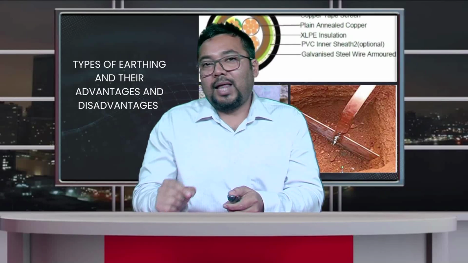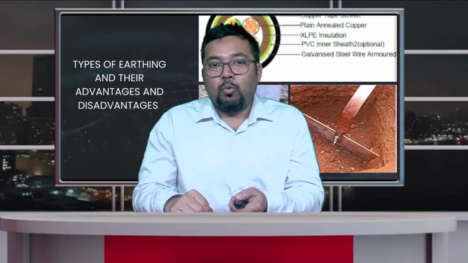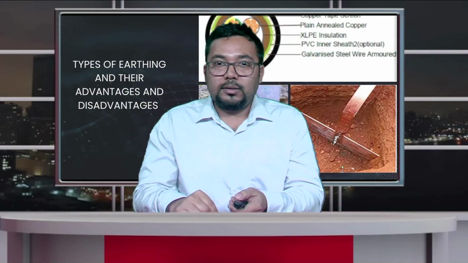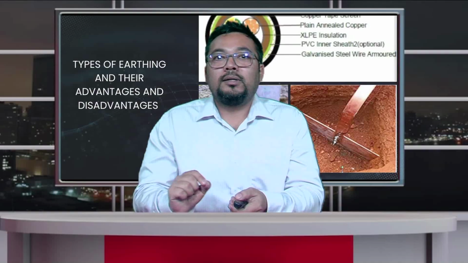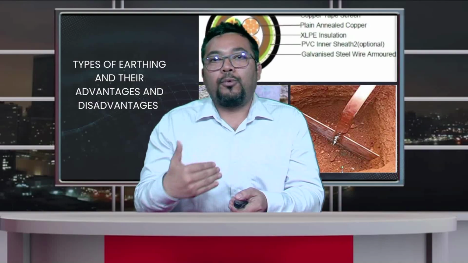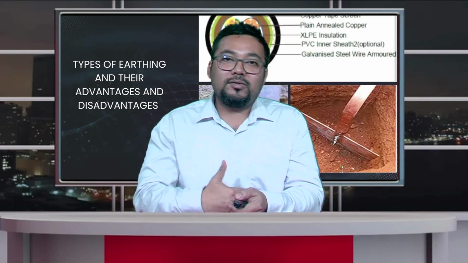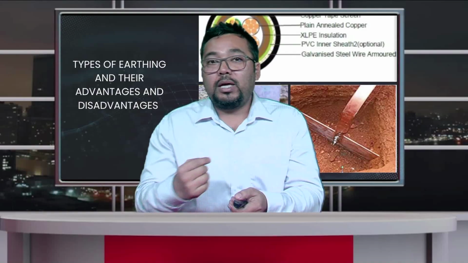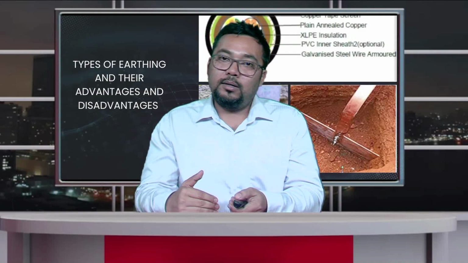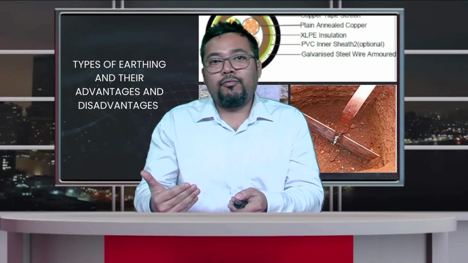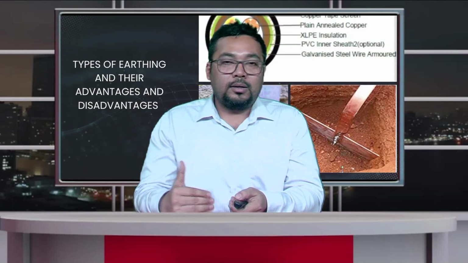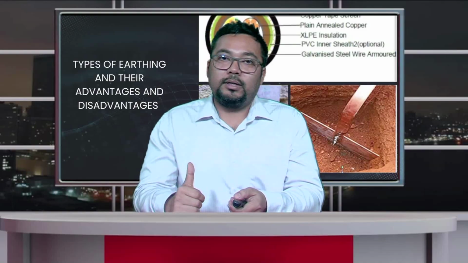We'll be discussing them in this lecture. While discussing the different types of earthing, we will discuss the components, the procedure, and the advantages and disadvantages of each specific type of earthing. Let's delve into the details of these four processes of earthing.